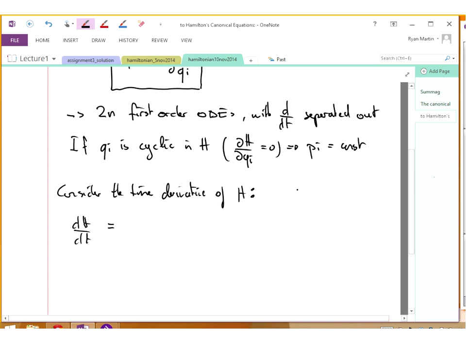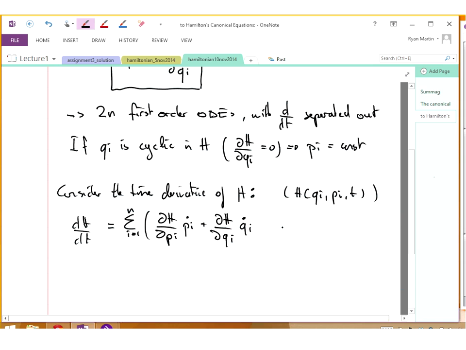We're just going to apply the chain rule. Remember, H is a function of q_i, p_i, and t. So dH/dt is the sum from i equals 1 to n of ∂H/∂p_i times p_i dot, plus ∂H/∂q_i times q_i dot, and then outside of the sum, plus ∂H/∂t.